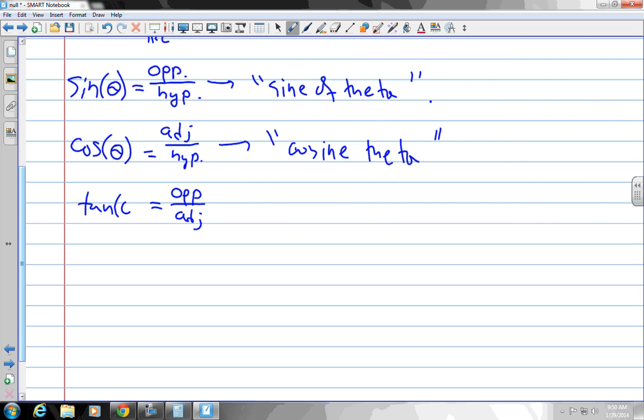We denote it by tan of theta. Sine is just three letters that eventually we're going to call functions. So this is function notation. Just like you have f of x, where f is the name of the function and x is the name of the variable, in sine of theta, sine is the name of the function, theta is the name of the variable. It's not sine times theta, it's sine of theta. Is that okay? So this is tangent of theta.